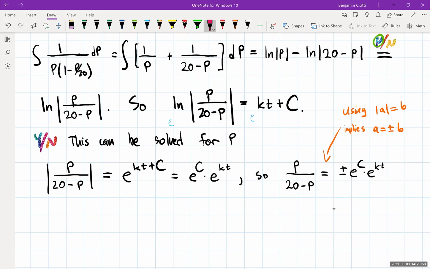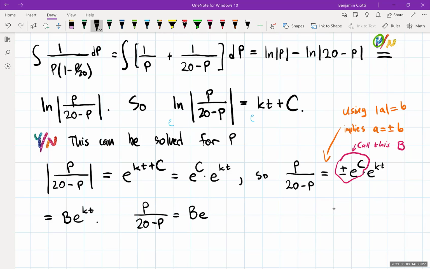Now, I'm going to do what we usually do and give this constant a different name. It'll make things a bit easier. Let's call this, how about capital B? So this whole thing is equal to B e to the kt. So P over 20 minus P is B e to the kt.